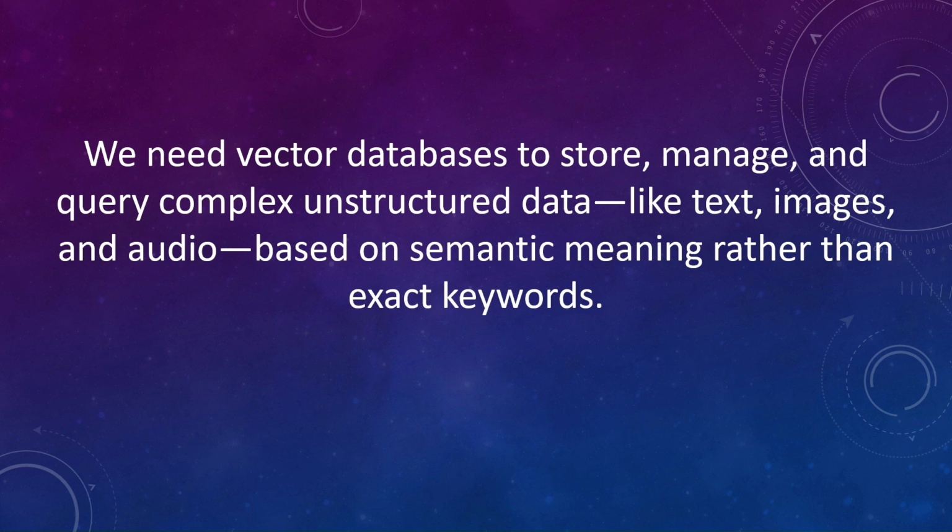So these are unstructured data stored in a single database, and you can still query the database in a very meaningful way. That is, it helps in semantic search rather than exact keywords. I will briefly explain the difference between semantic search and the regular exact keyword search in subsequent slides with an example.